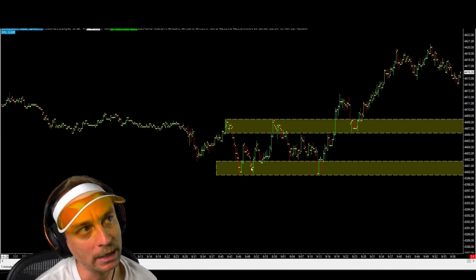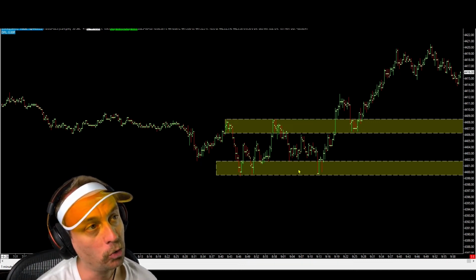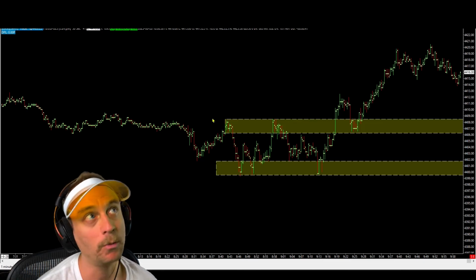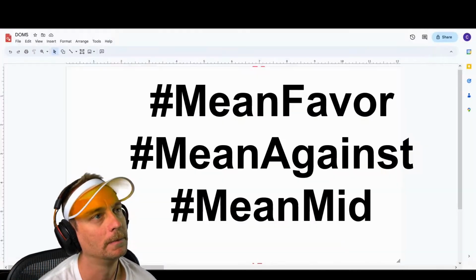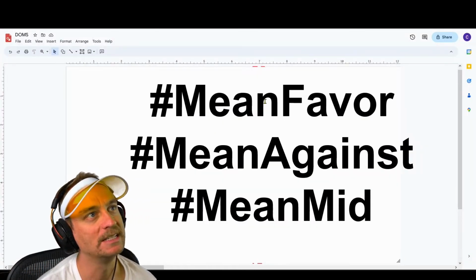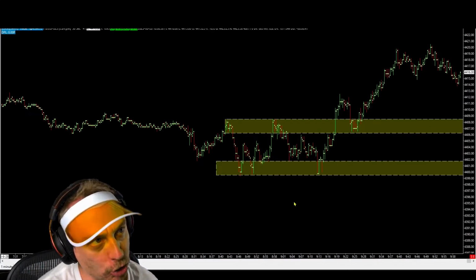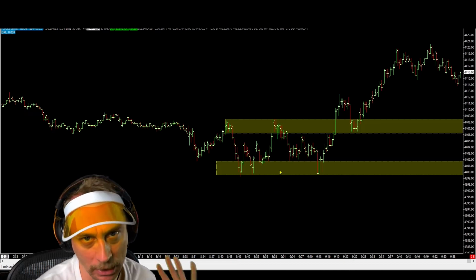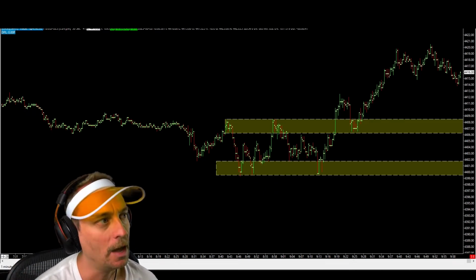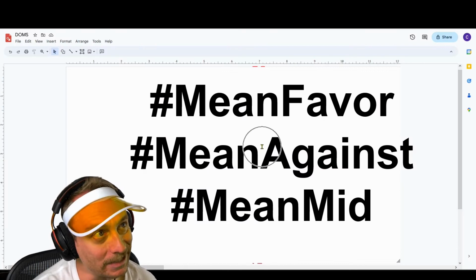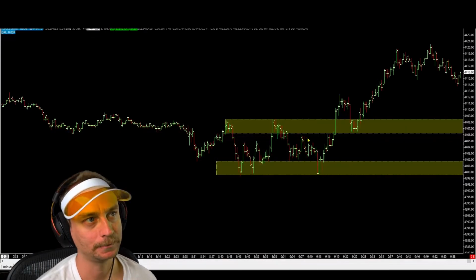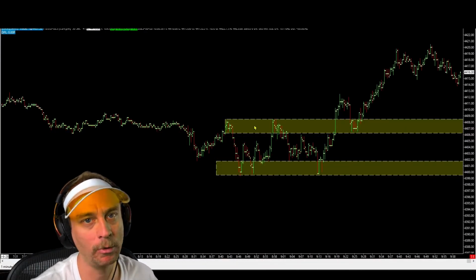So if I'm trying to go long in this yellow box, that would be the mean favor tag. If I'm trying to go short in anywhere in this yellow region, that would be the mean against tag. Okay? And up here would just be the opposite.